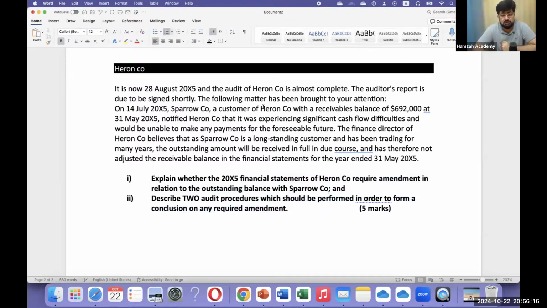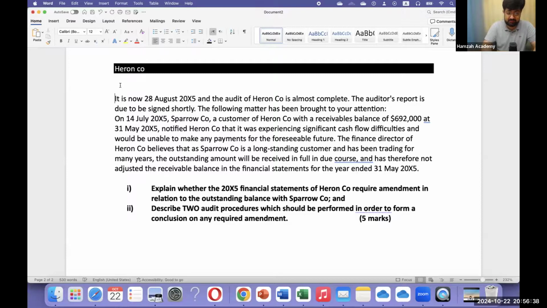Right. So receivable balance on 14th July, students, year end is, let me find the year end date. What was the year end date from this question? Yes, the year end date is 31st May. So year end is 31st May.